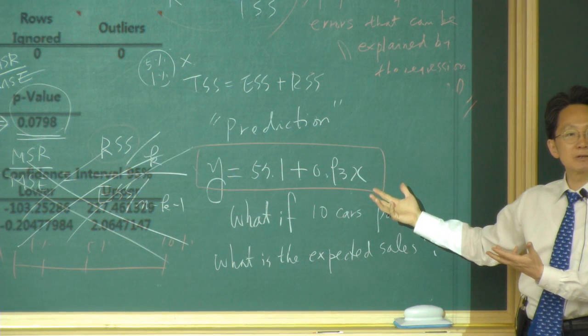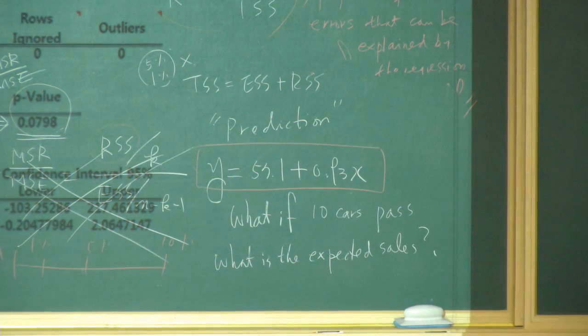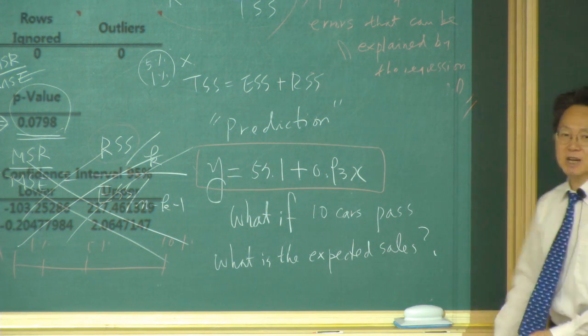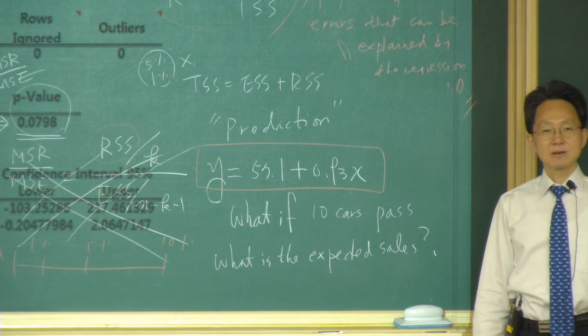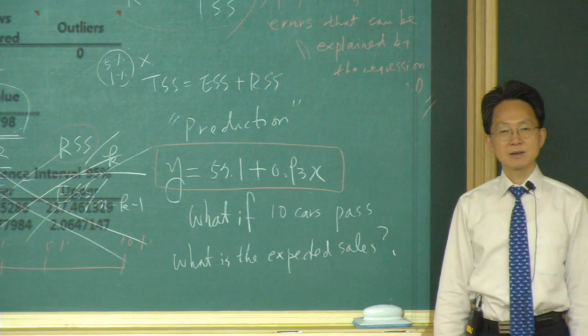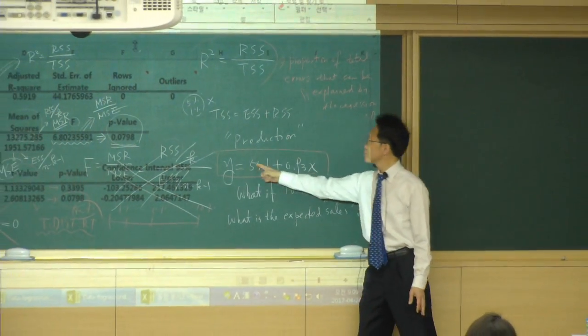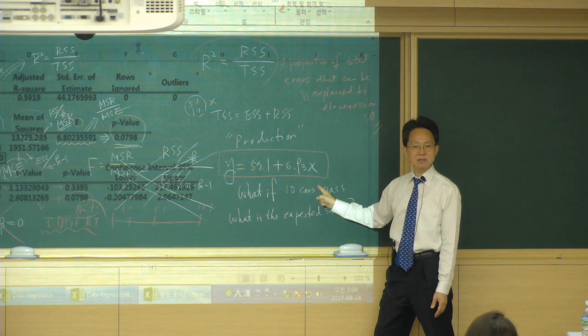Then the question is, what if there are 10 cars passing by? What is the expected sales? Can you answer the question? So where do I put 10 here? X. Okay? So that's our prediction.